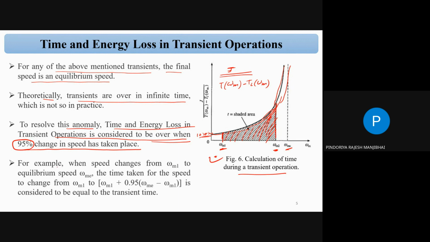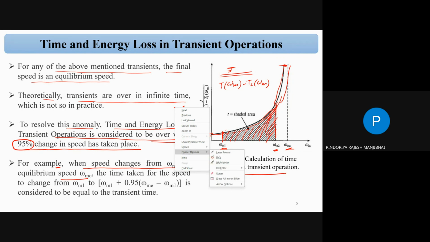For example, let's take one example. When the speed changes from omega m1 to the equilibrium speed, omega me, from this speed to this speed, I am changing the color of this pen.